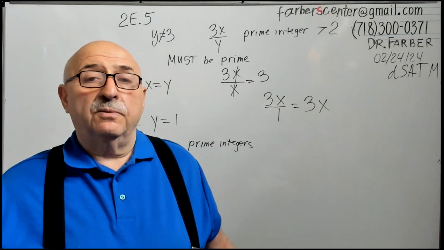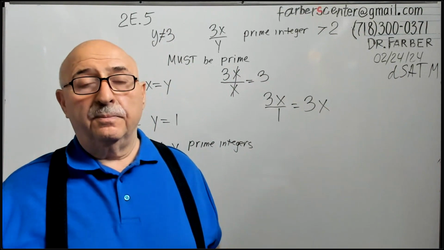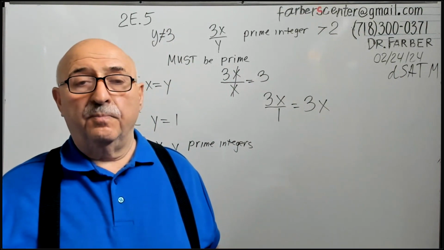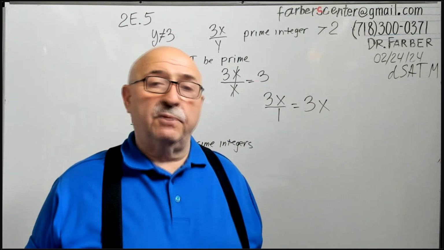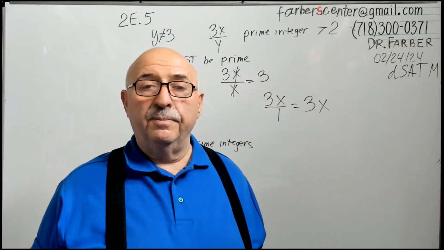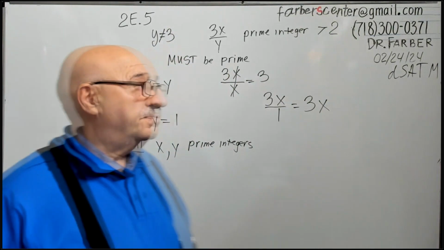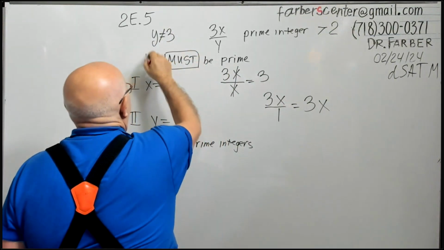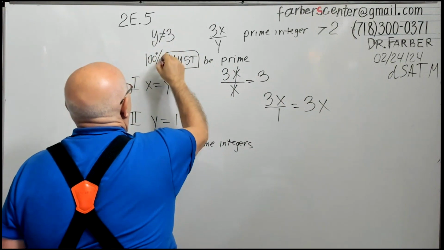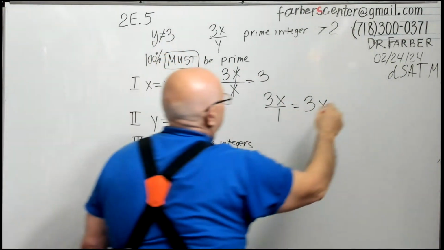What if it's a fraction, 2 over 9? Does not work. Or let's say this is integer 7: 3 times 7 is 21, not prime. Does not work. Must and has to mean 100% certainty. If you find one exception, this is garbage. Does not work.